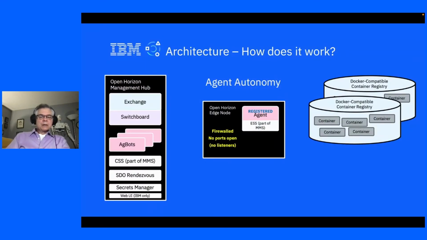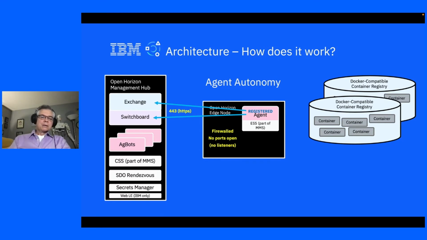The Edge machine can be completely firewalled. No ports are open on the agent. There are no listeners. You cannot reach out from the outside world to communicate with the agent at all. And so that's what enables you to firewall it. Instead, the agent reaches out to the exchange and to the switchboard whenever it needs to communicate.